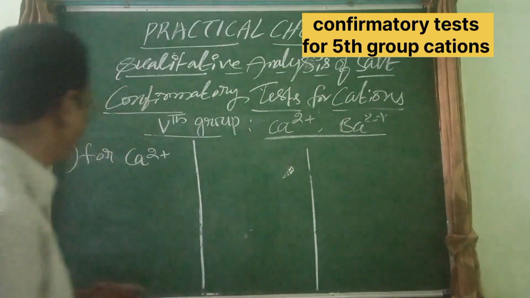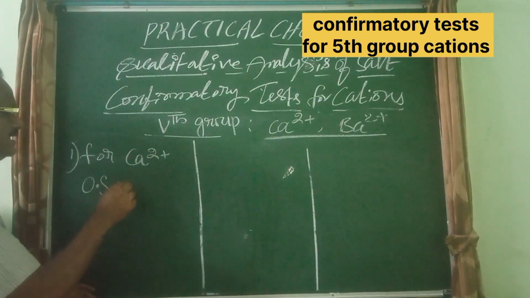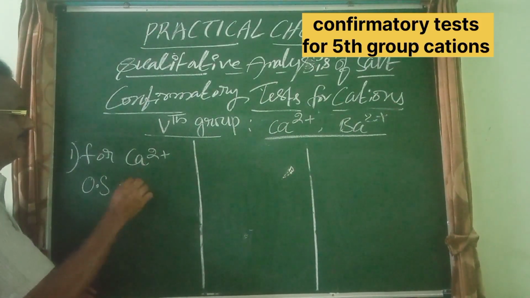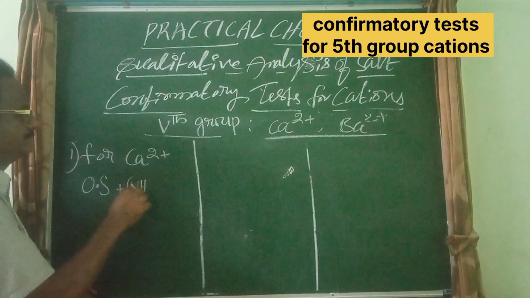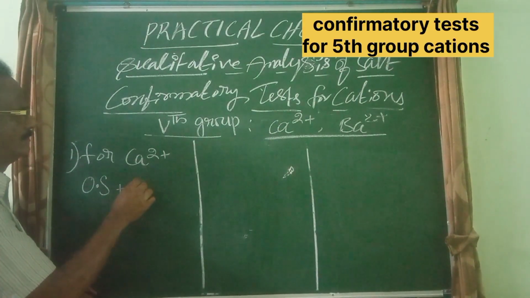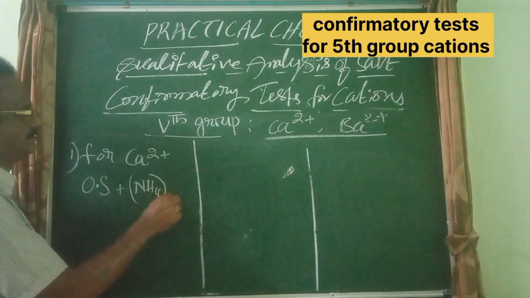For confirmation of Ca2+, the original solution is added with ammonium oxalate. I will write the formula here: ammonium oxalate.